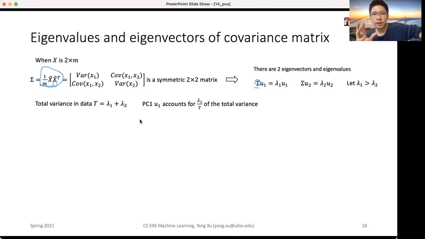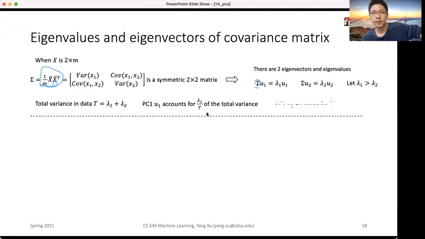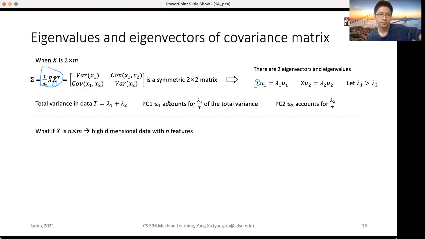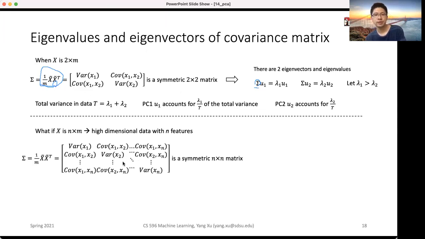So PC1, U1, will account for lambda 1 over this total variance, and PC2 accounts for the remaining part of the variance. So what if our X data set has higher dimensions, larger than 2 dimensions? We can basically do the same thing.